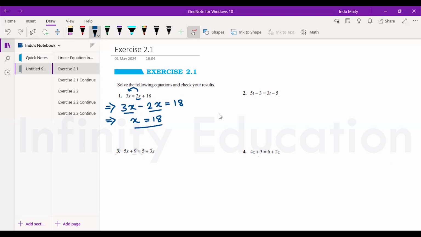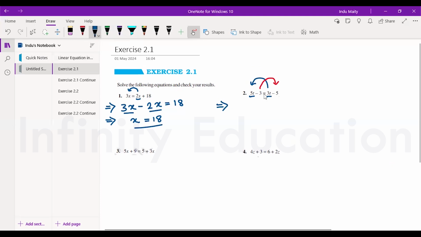Let's see the next one. 5t and 3t on the right side. This 3t we have to take to the left side, and at the same time, this negative 3 we will take to the right side, because our motto is that whatever variable we have, we keep on the left side, and whatever constants we have, like negative 5, negative 3, we keep on the right side.